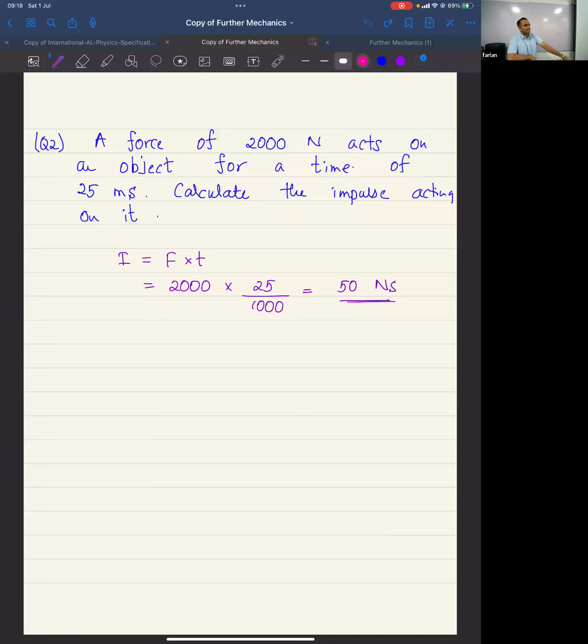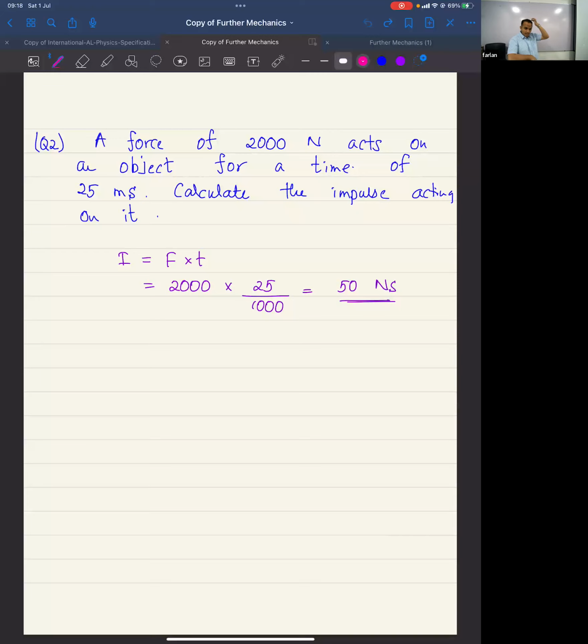The resultant force acting on an object is equal to the rate of change of momentum. We derived that equation for AS levels as well. The rate at which the momentum is changing is equal to the resultant force acting on the object.